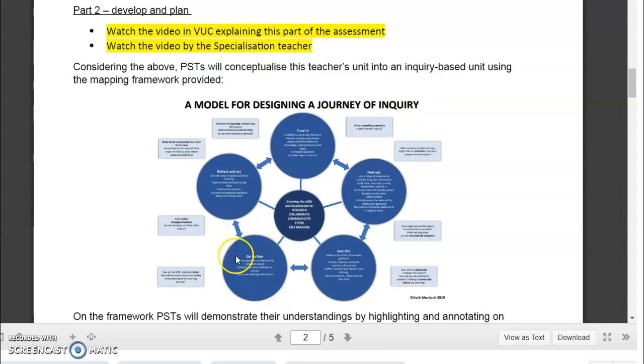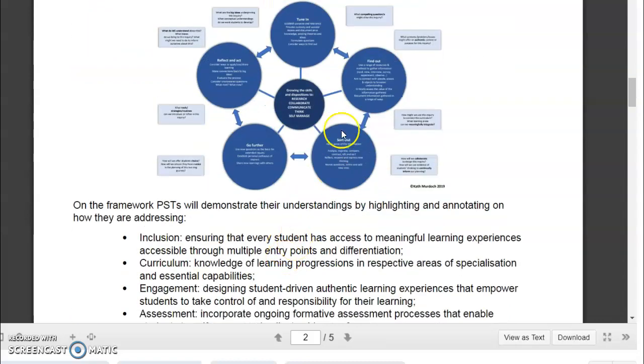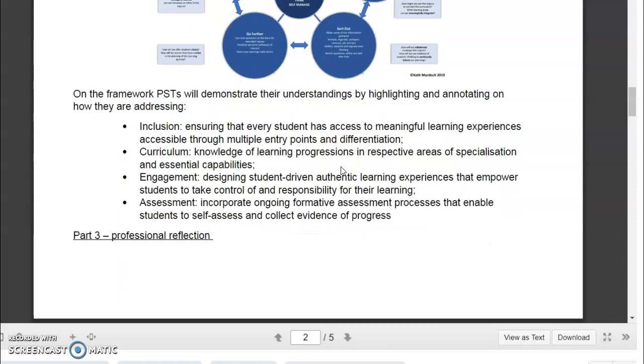I'm excited to see what you come up with in terms of going further. Just a note that finding out and sorting out, even though they're separate, I see them going together, right? Because once you find something out, well, what do you do with it? You kind of classify it and sort it out. So I'm quite happy if you put them all together and incorporate these 2 together. Okay.